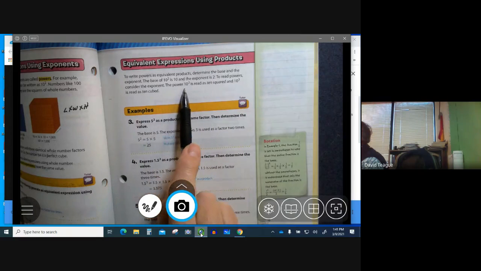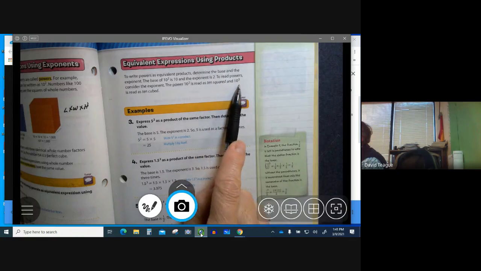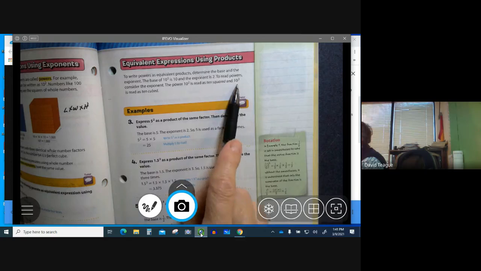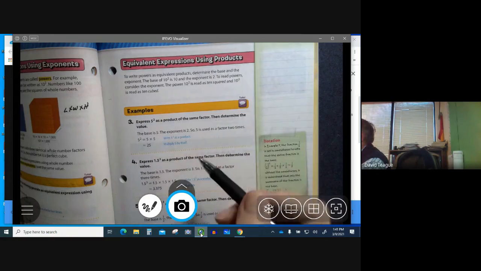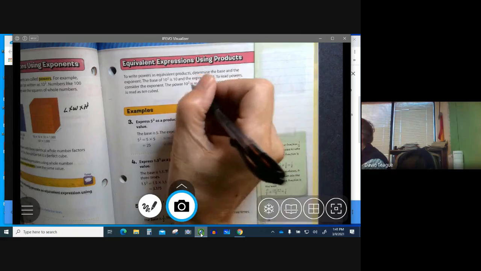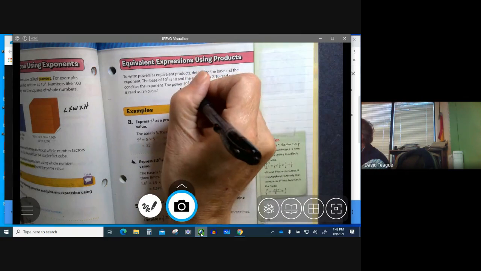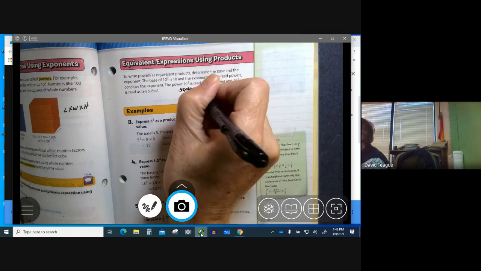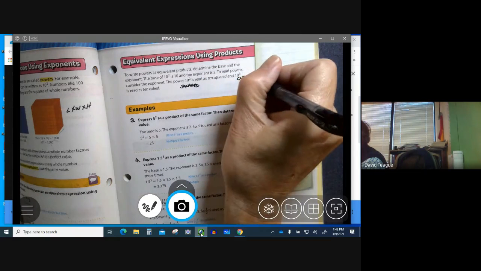The power 10 to the second is read as 10 squared, and 10 to the third is read as 10 cubed. Okay, those are the only 2 that you say something different. So if you see a 2, it's squared. And if you see a 3, it's cubed.